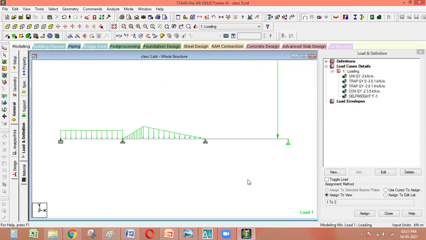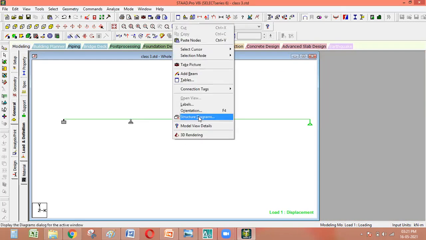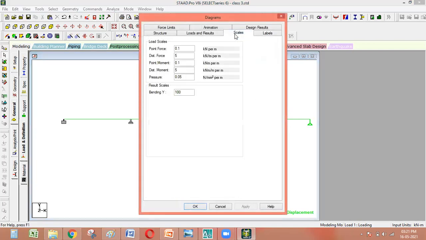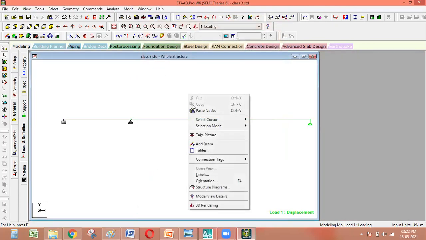Then the next step is to switch on the bending moment diagram and look at the values. You can just close this. Before looking at the moment value, you can also see the deflection diagram, which we normally call the elastic curve. Go to labels, scale, displacement, 200. Nothing is visible.